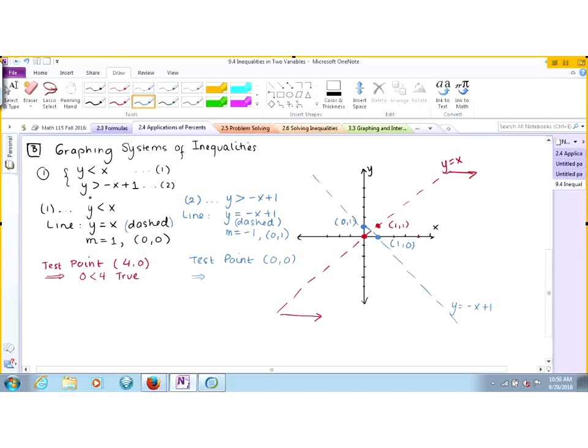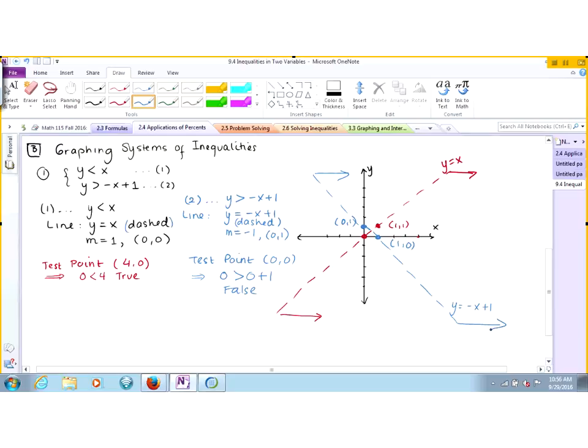So when I use 0, 0, what happens here? y is 0 greater than 0 plus 1. So 0 is greater than 0 plus 1. Is it true or false? False. Okay, so this is 0, 0 here. Which area do I shade? The right one.